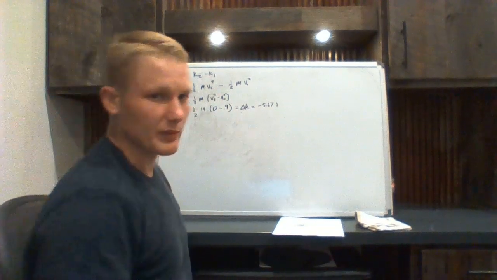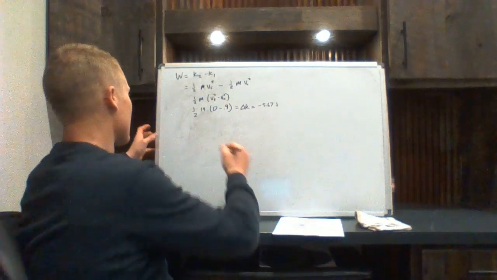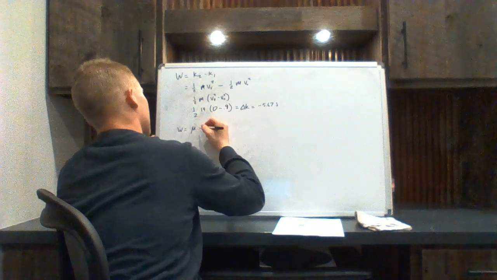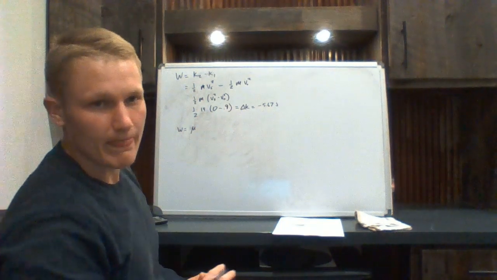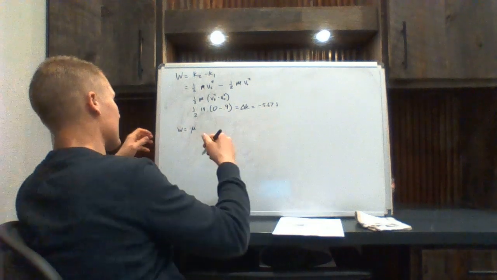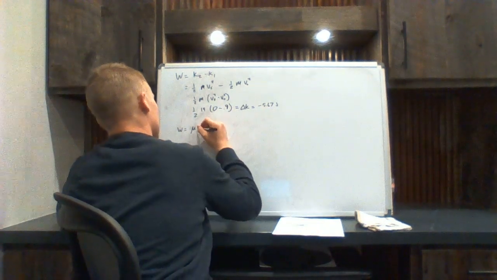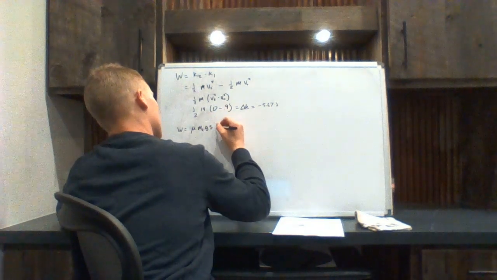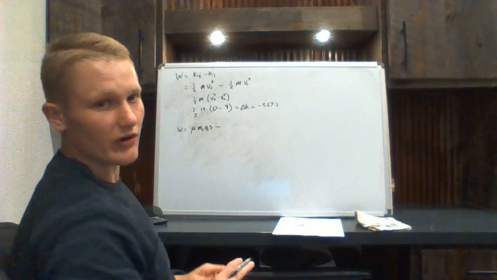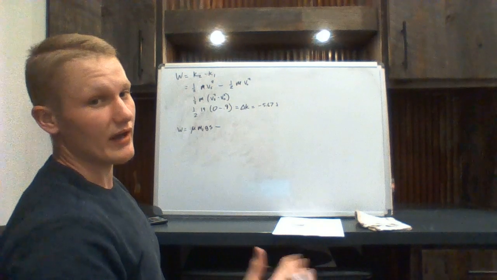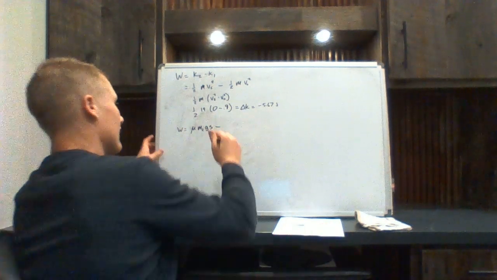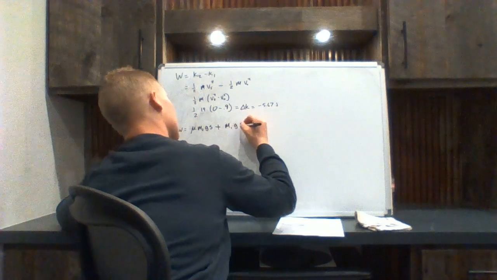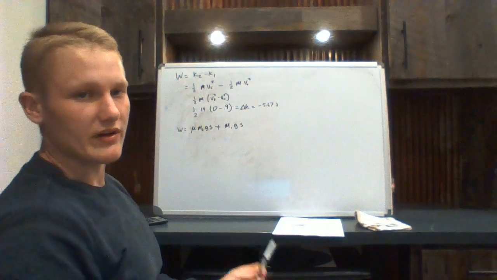Our next equation will be work equals the coefficient of friction times mass 2 times gravity times distance, subtracted from mass 1 times gravity times our distance.